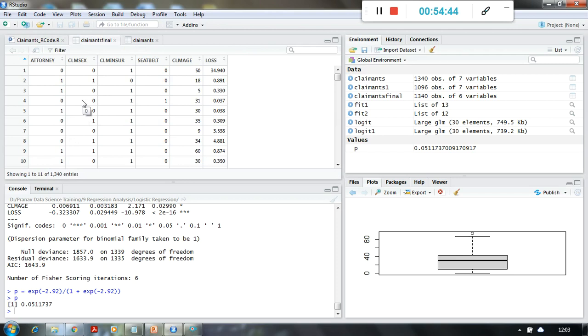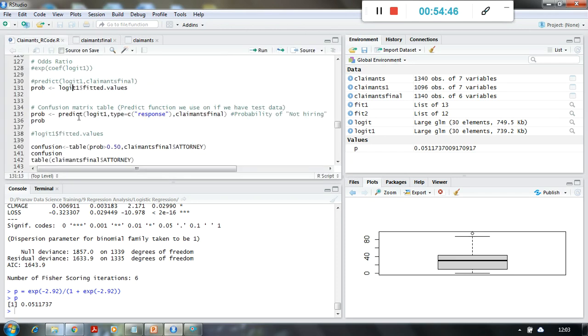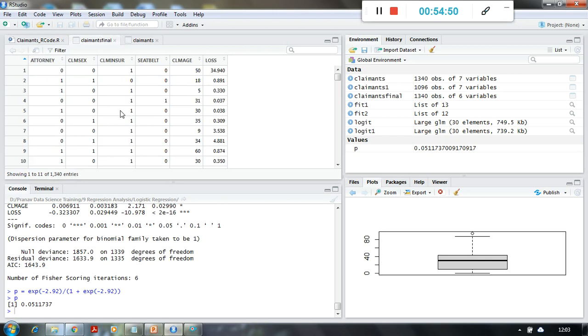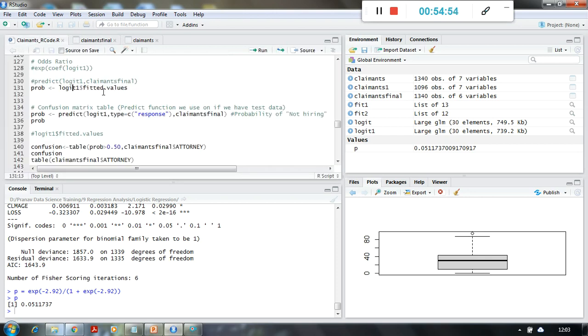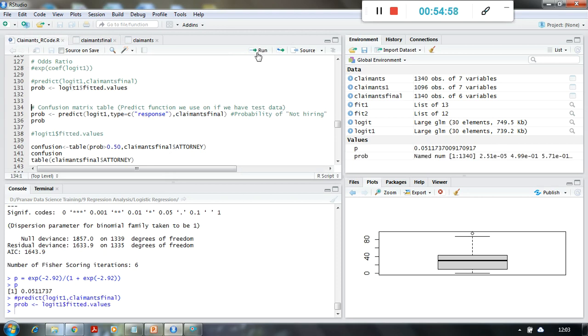So these are the existing values, right? And these are my predicted values for the same data on which I have written the model, and because of that it is called fitted values. So I am getting and storing all those probabilities.